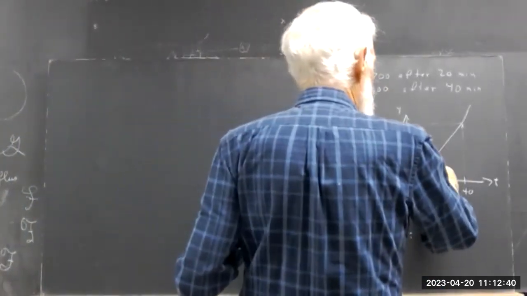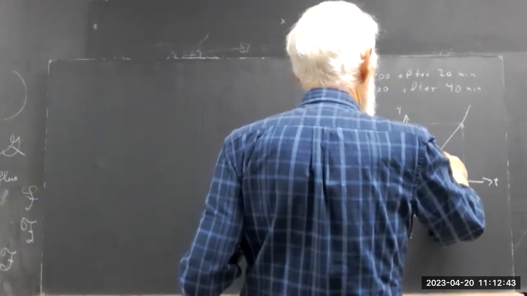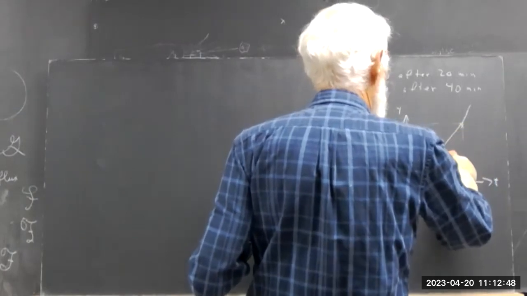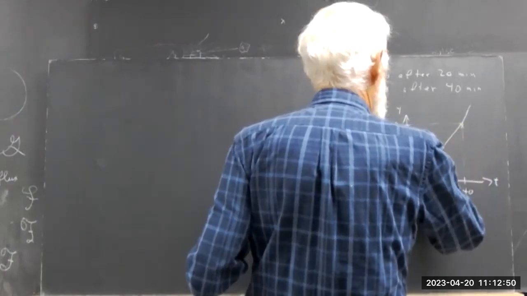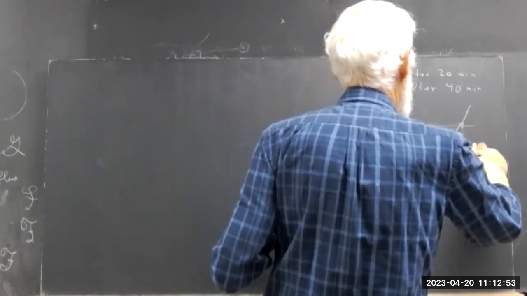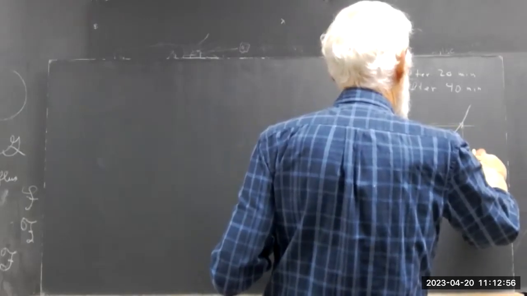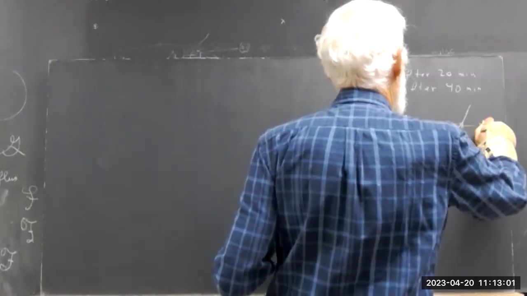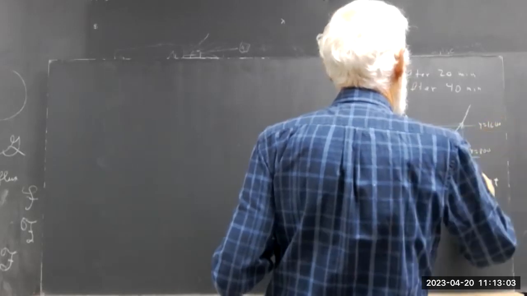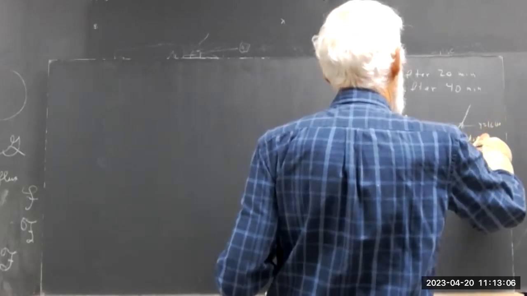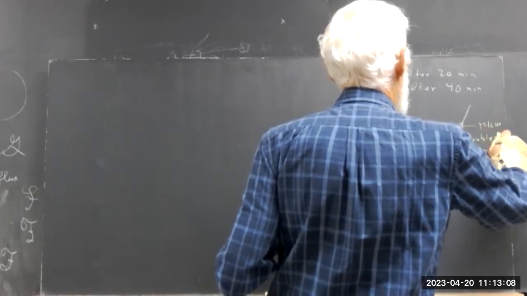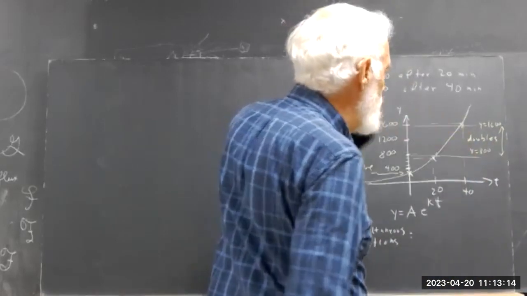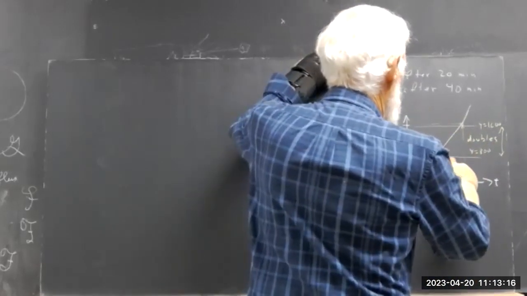So I'm going to take the point here where we're equal to 800, and the point here where we're equal to 1600, and I'm going to say y doubles here, and the doubling time is how long it takes that to happen.